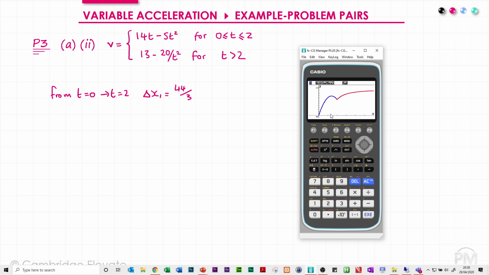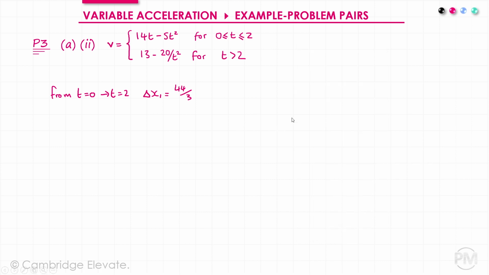So we're finding the displacement at t equals 5, that's over here. So we're doing the integral of the first one. We've already got the answer to that part, and that's 44 over 3, plus the integral of the second part will get us this area here. So we're going to do the integral of the second function between 2 and 5.